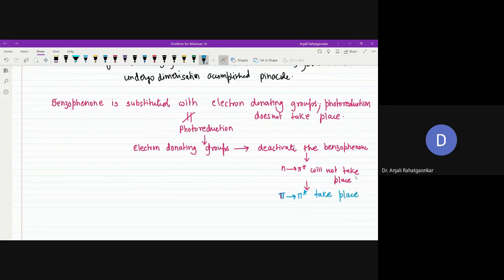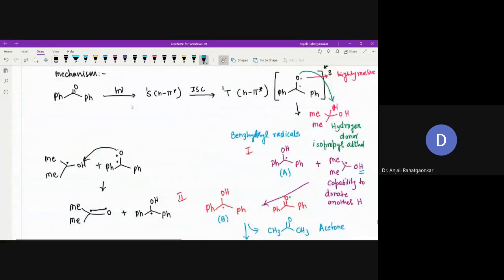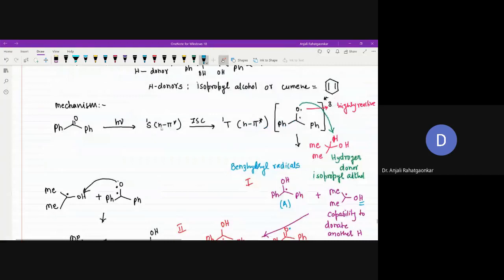so how the complete scenario we can see as a point of photochemical reaction. So this is a simple benzophenone where we can see that there is a n-pi transition, there is an ISC, again triplet state of n-pi transition. And what is the beauty of this reaction? The oxygen of the triplet state in the n-pi transition. So how many factors are important for the abstraction of hydrogen? So remember, these are the factors.